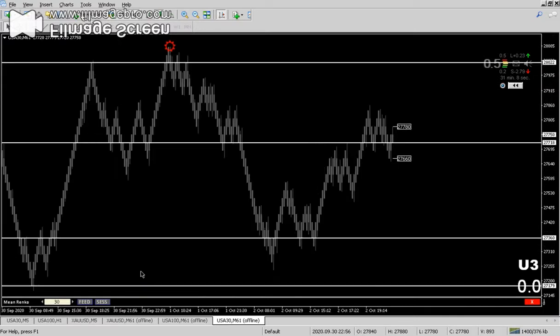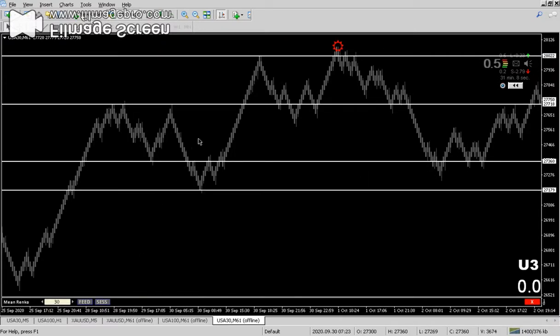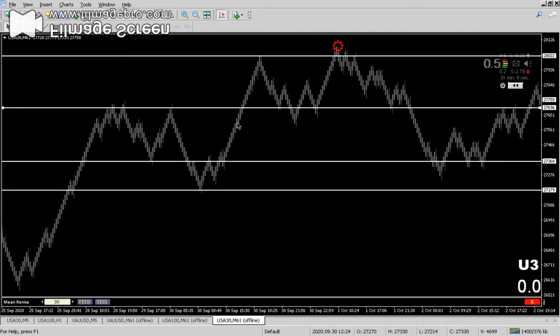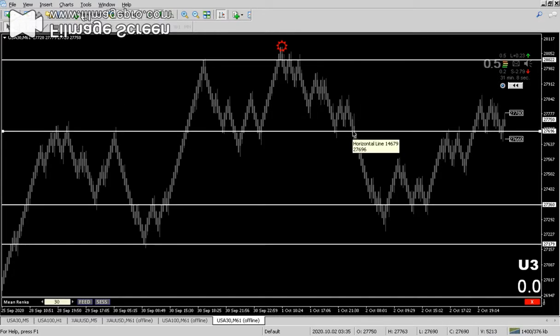I particularly don't like to have as many horizontal lines on my chart as this, because having a clean chart to me is always the best way to trade. So being able to see levels of support and resistance, you're able to identify once the market comes back to retest a level or even breaks through a level, you can catch that particular trade.